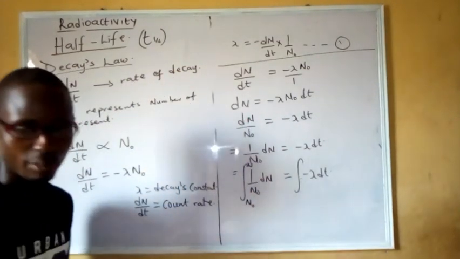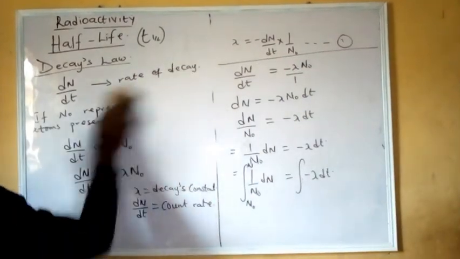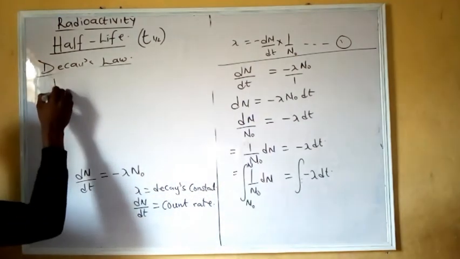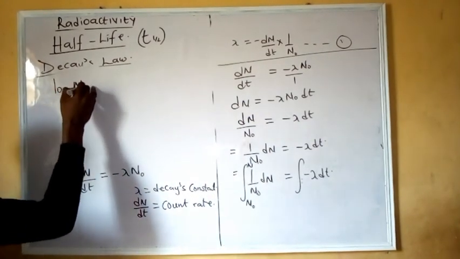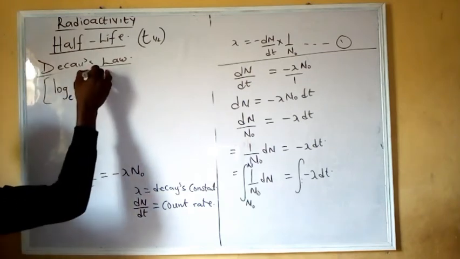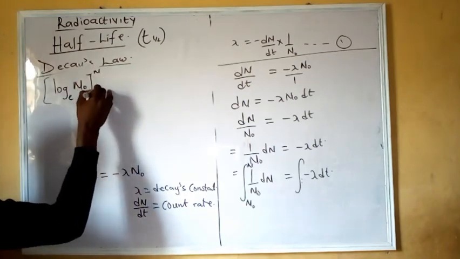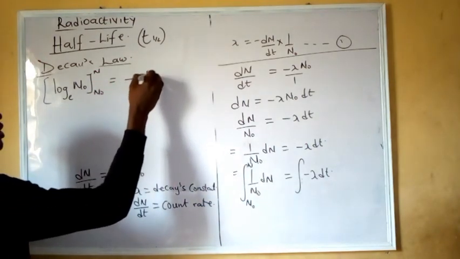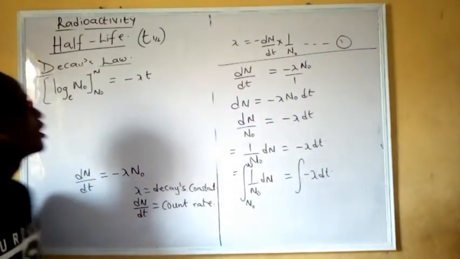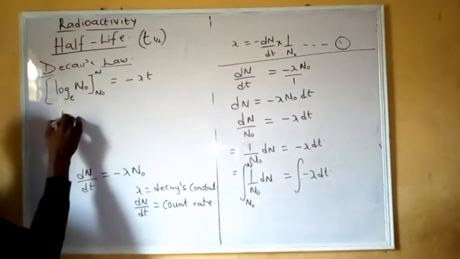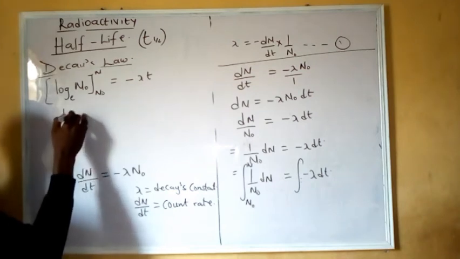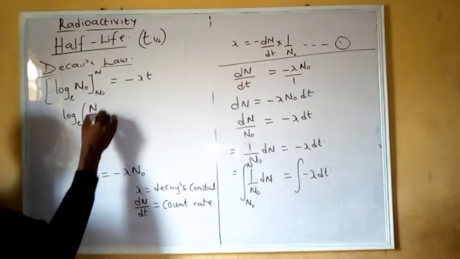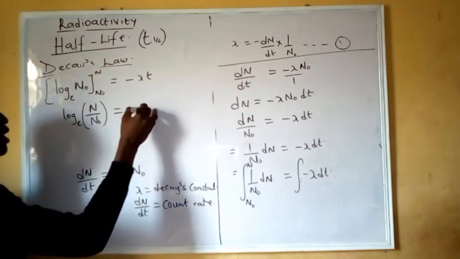So integrating this, I'm going to have log e of N between N naught and N equals minus lambda t, because the integral goes with t. So from which I'm going to have log e of N over N naught equals minus lambda t.